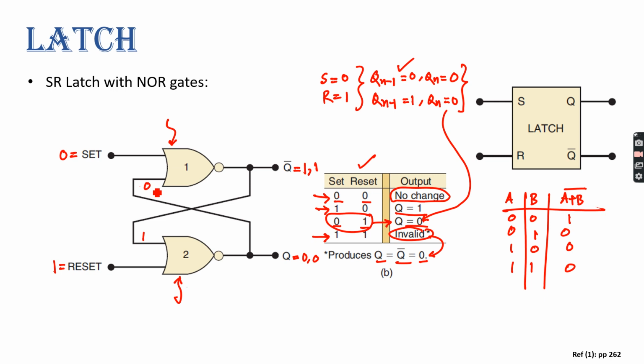So this 0 will go as an input here and this 1 will come as an input here. So again 0 0 gives you 1 and 1 1 gives you 0. So as you can see, this Q settles to 0 and Q bar settles to 1, right? Yes, sir.